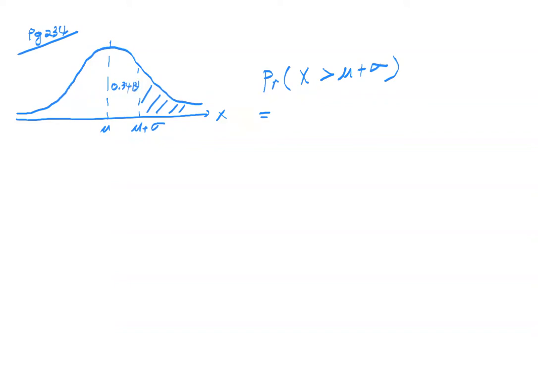So how am I going to do this? Can I just take 0.5 minus 0.3413? Then I will get the answer, because half of the area is 0.5.